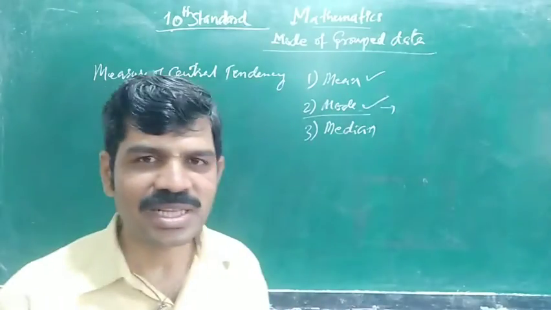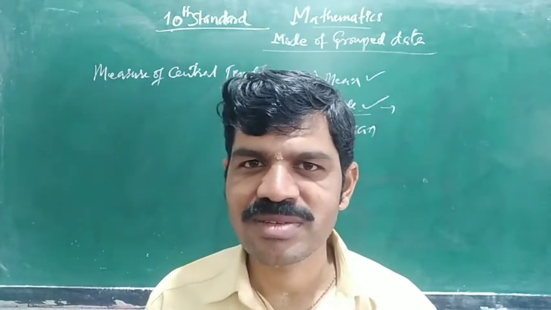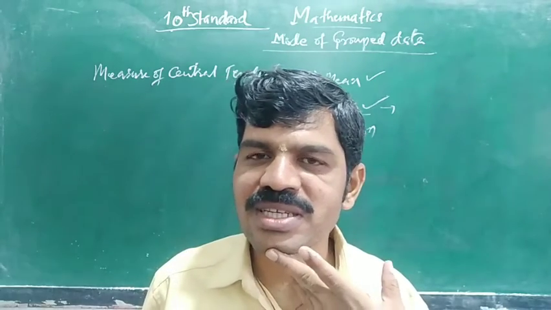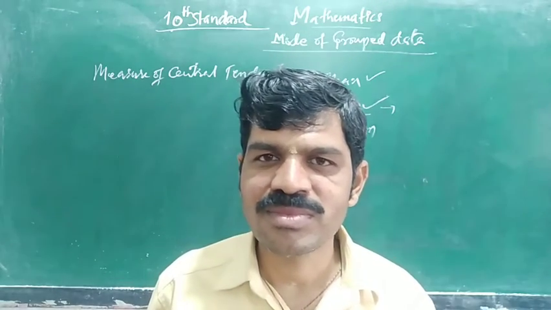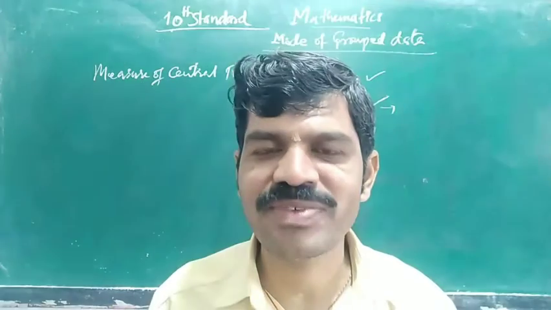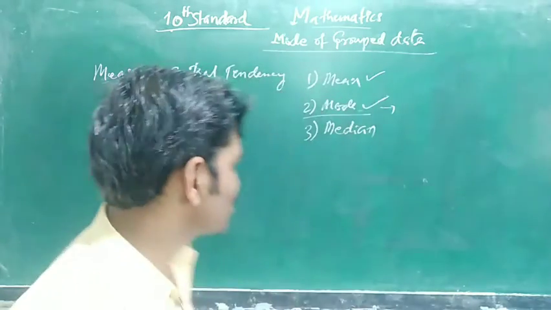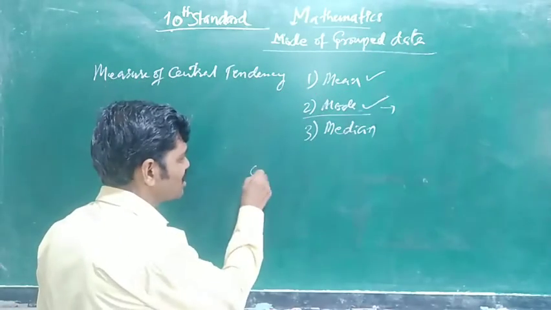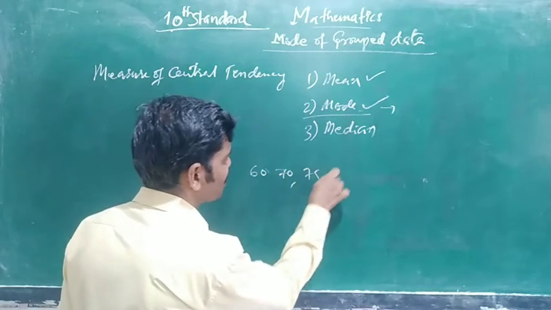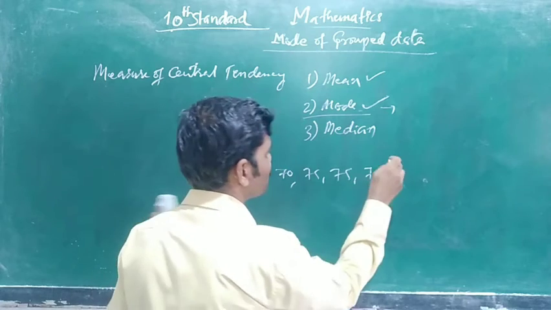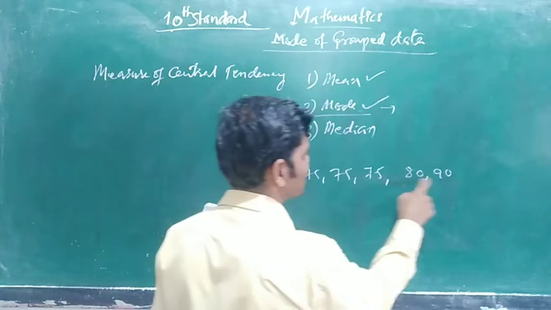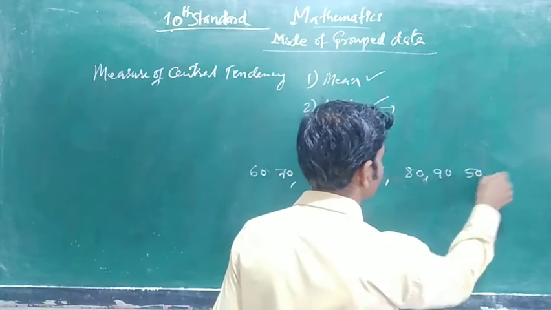For example, if a person scores 75 marks in many exams. I mean, if he has taken 10 exams, out of 10 exams, the marks are 60, 70, 75, 75, 75, 80, 90, 50, 60.